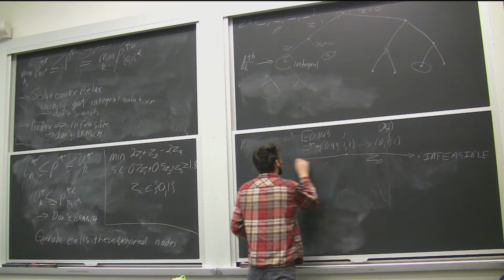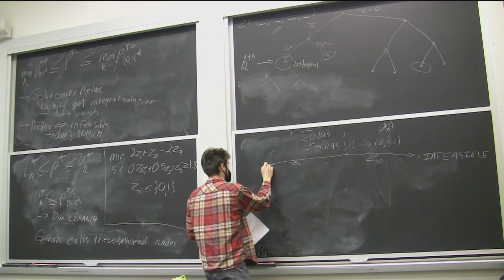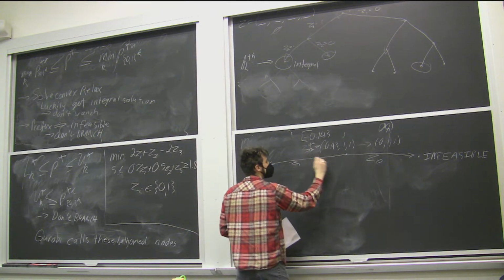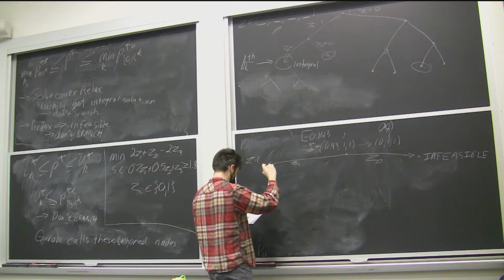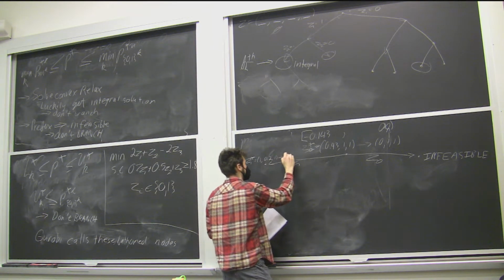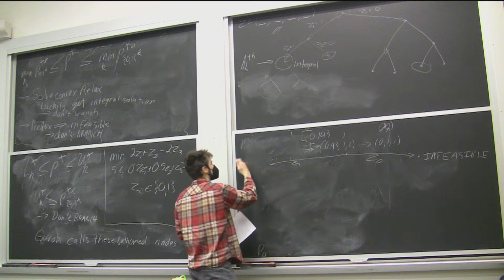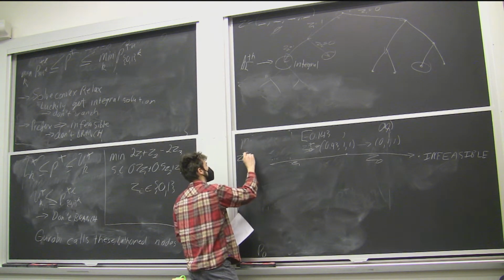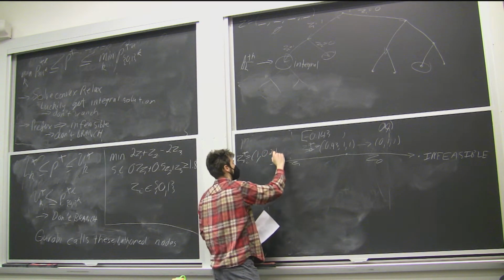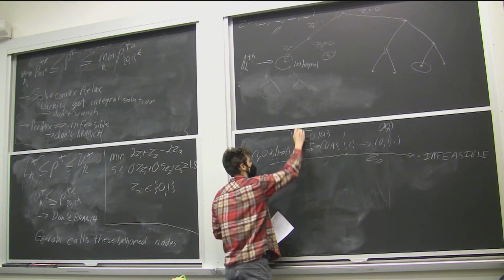Let's go down the z1 branch. So here I'm going to get z1 star equals 1, 0.2, 1, which obviously rounds to 1, 0, 1.